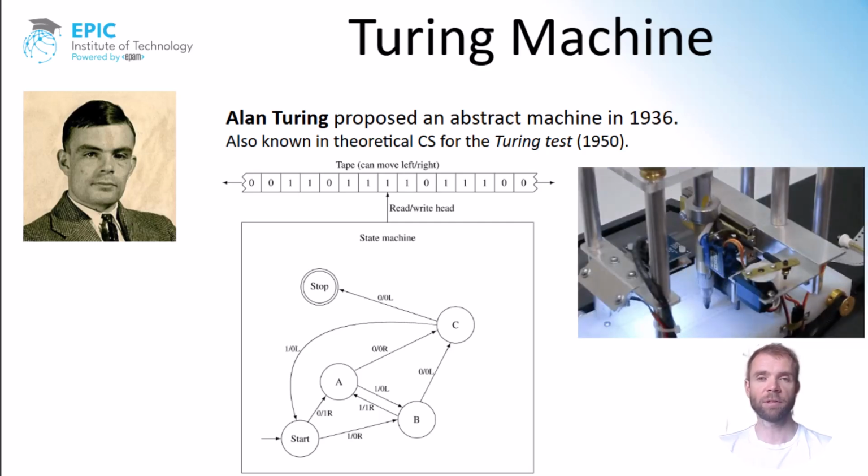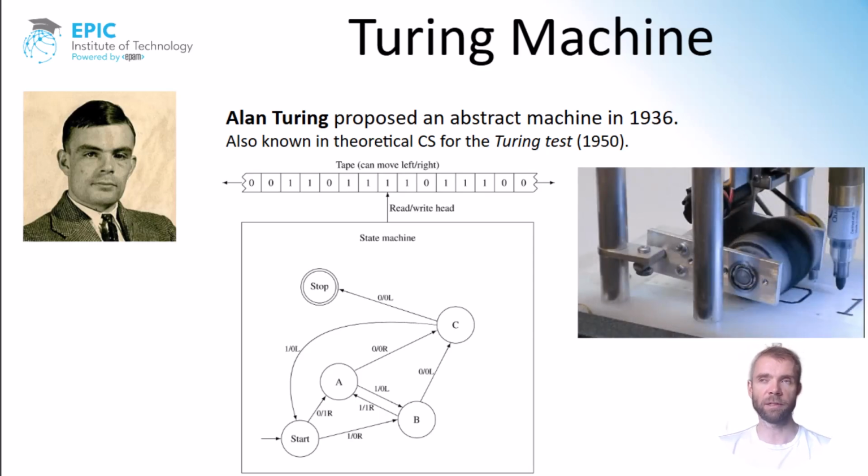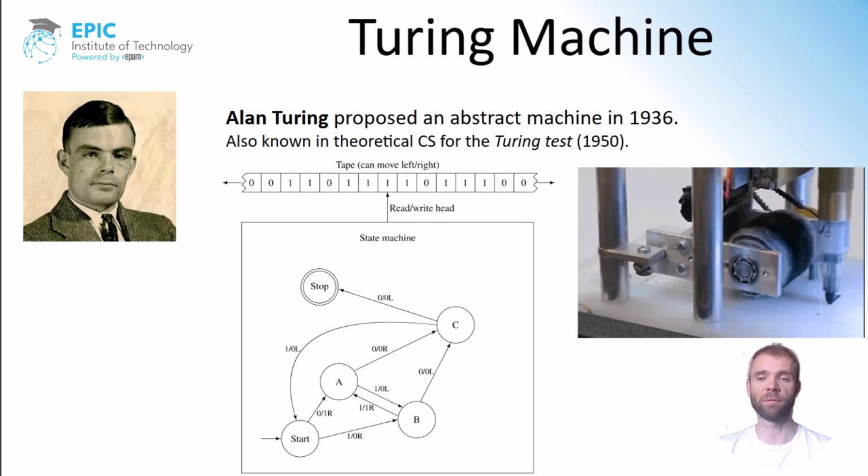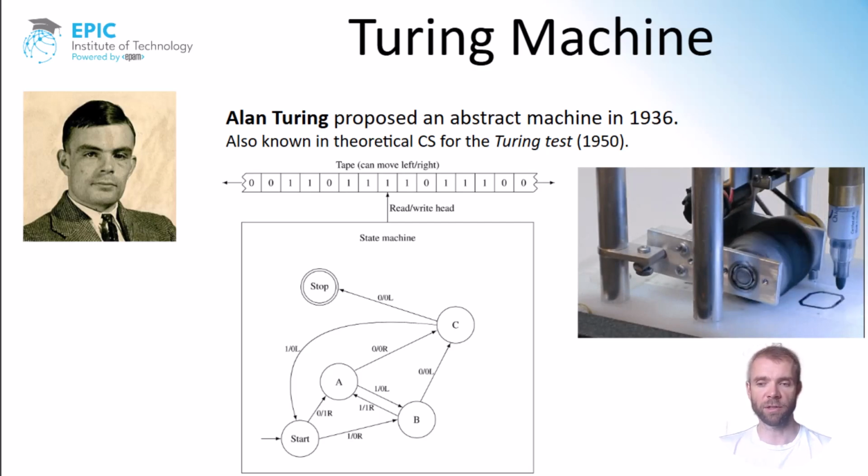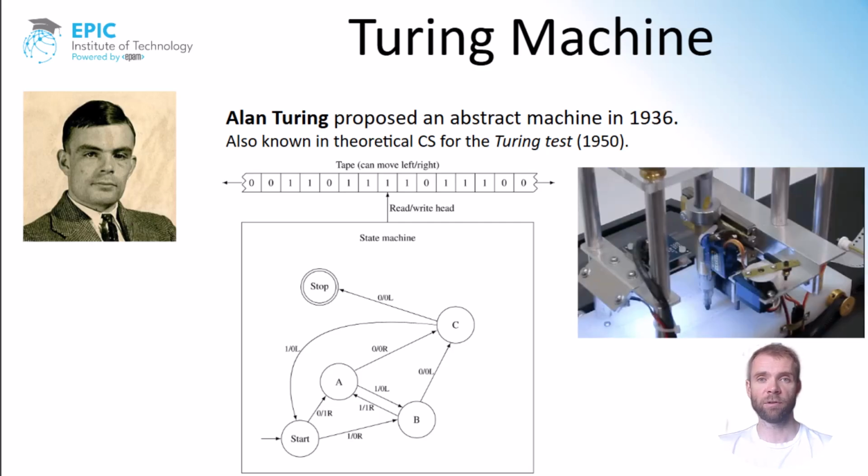But of course, you can imagine that writing any real-world algorithm, like sorting an array of numbers, each of which is written in binary form on a tape, is a very, very tedious task on a Turing machine. But it was not designed for actual programming. It was designed just to capture the essence of an algorithm.